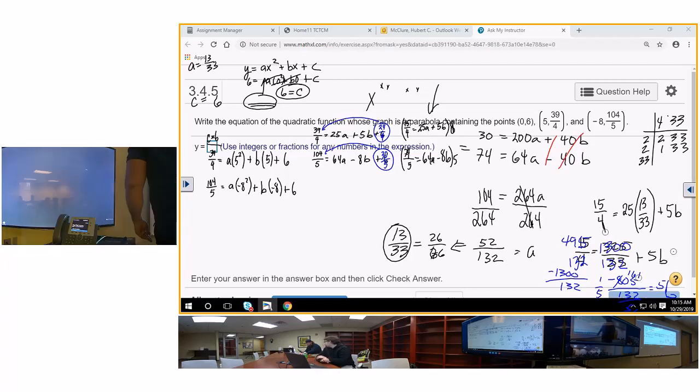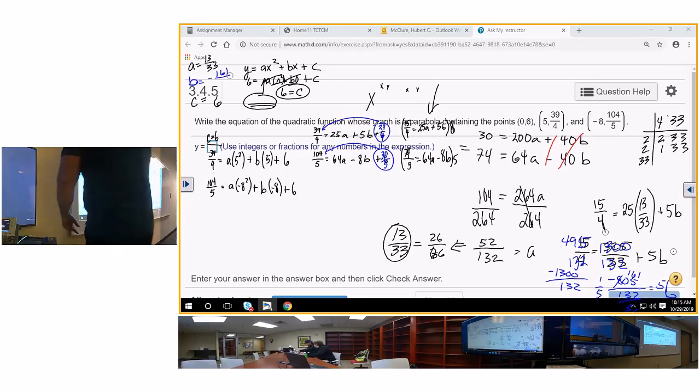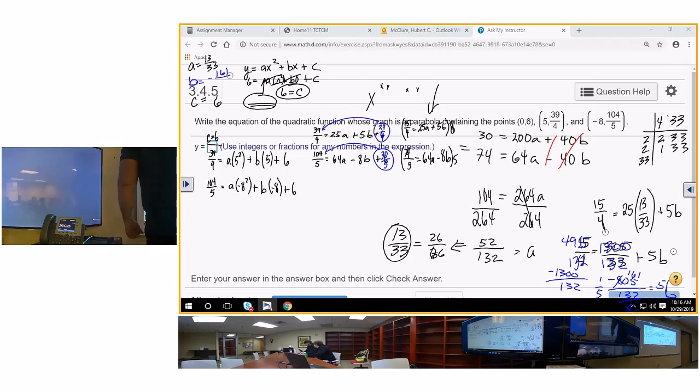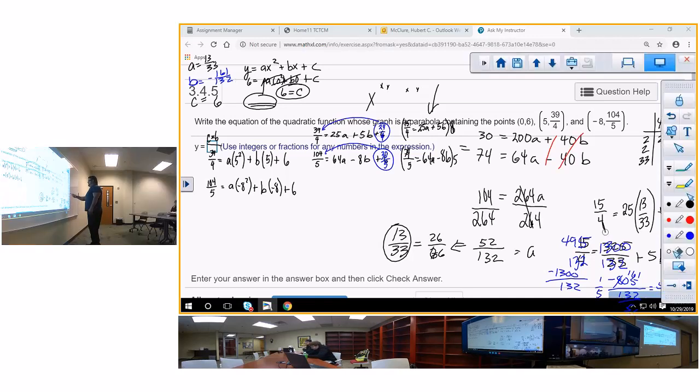So B is equal to negative 161 over 132, and I don't know if you can reduce it or not. Can it be reduced? Okay, so I'm just going to write it. I have no idea. I will say that last one looks a little bit strange.